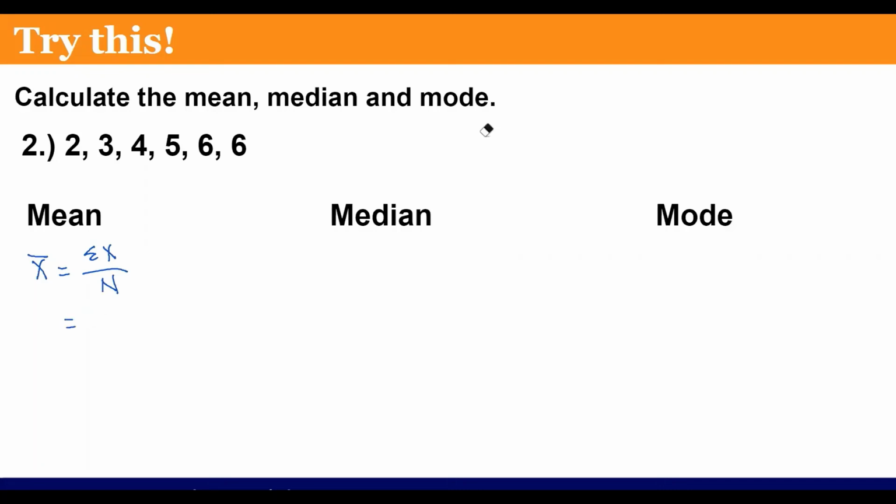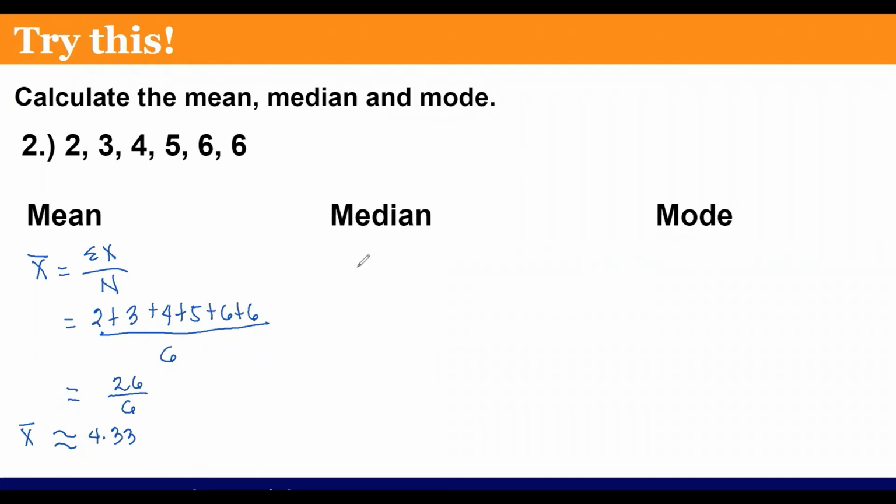So we will add 2 plus 3 plus 4 plus 5 plus 6 plus 6 all over n. The number of digits we have is 6. So the sum is 26 over 6. The mean is approximately 4.33.